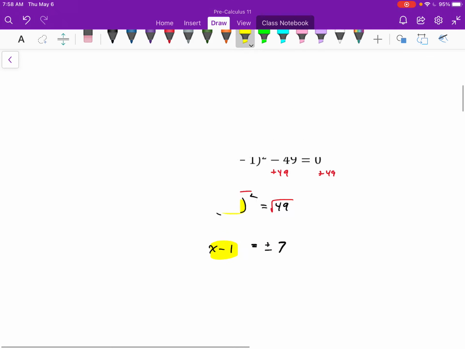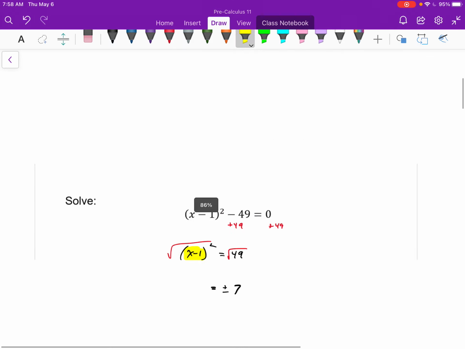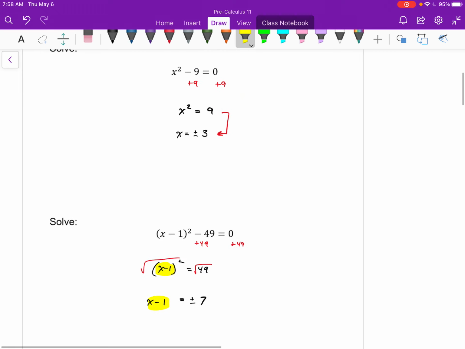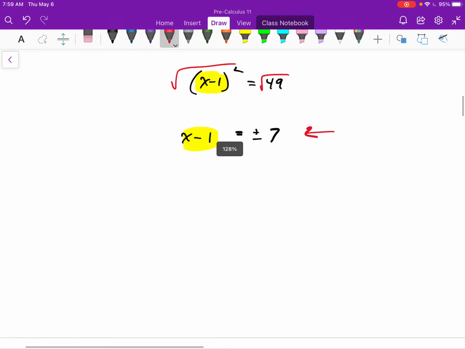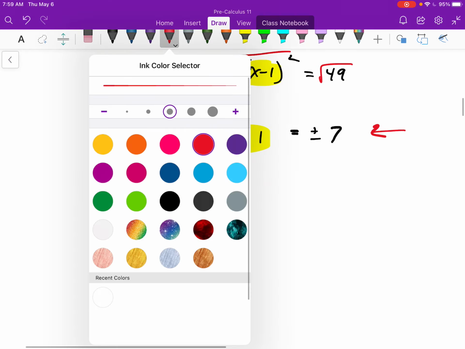Compare it to what I have up here: x squared equals 9, and it's really obvious that negative 3 squared is also 9. For the exact same reason, there's also the negative possibility here. With that said, I'm not done, but sure close. I just have to add 1 to both sides.